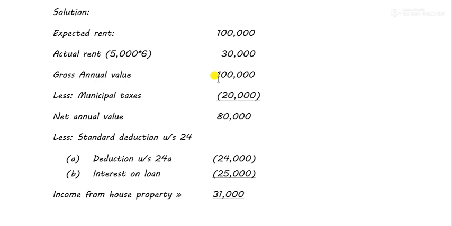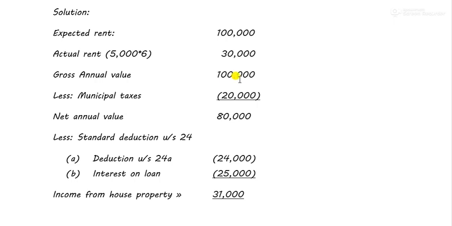This is because it has been assumed that the property is let out throughout the year. Look, I don't know whether the assessee is telling the truth or not, and the income tax officer cannot come on a daily basis to check whether the tenant is living or whether it is self-occupied. So the government has taken out a solution for this, and it says that I'll assume that the property is let out throughout the year.